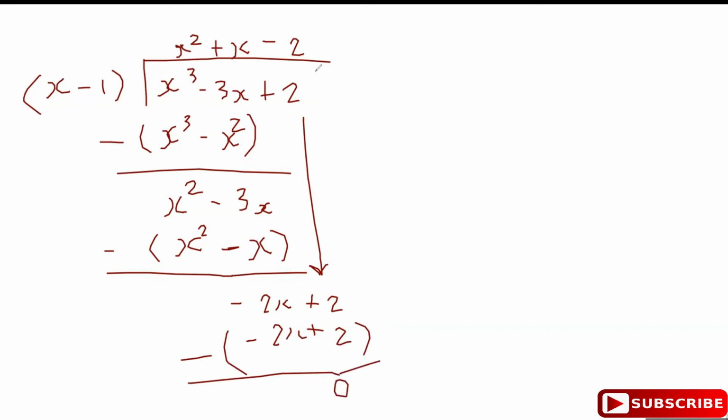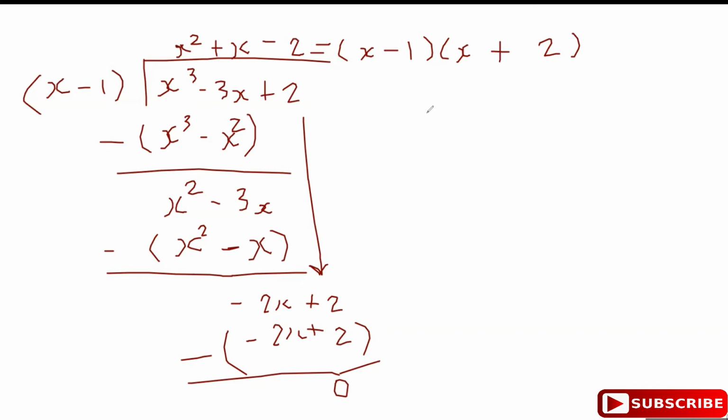Subtracting it now will help us to find the roots. The first thing we need to do is factorize this numerator. Factorize it. This is going to be x, 2, and 1. The signs are different, the bigger product is positive, so this is plus and this is minus.